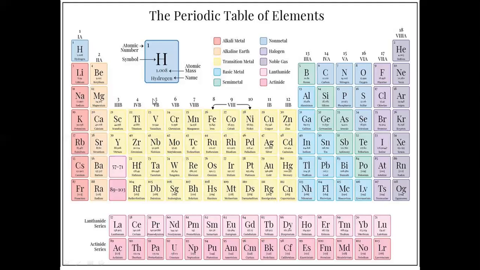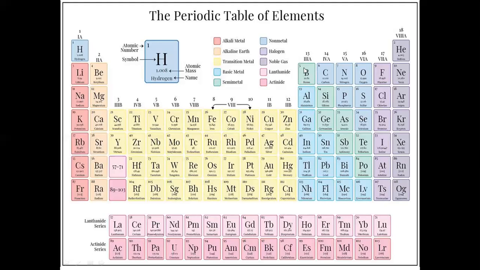So there is a gap here. They are not the transition elements. We will not study this. We'll go to aluminium, 13th group or 3A group. See, 13 electrons are there. 2 in the first shell, 8 in the second shell, 3 in the valence shell.